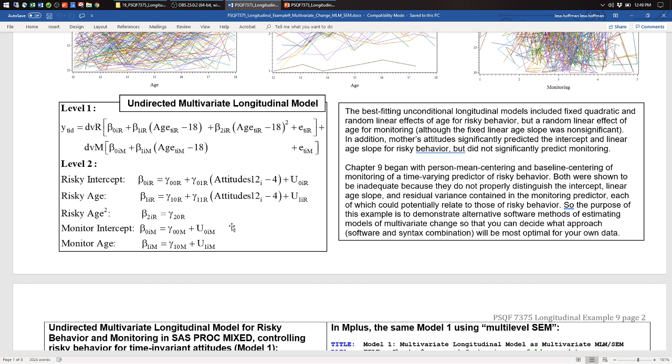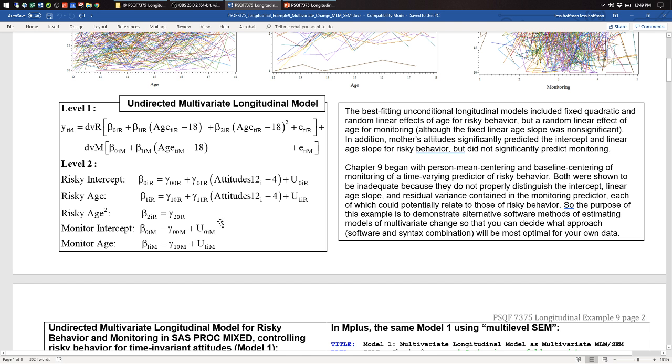Because everybody started out at approximately 12, age is within person only, but I centered it at the end. So time 0 is age 18. Because I'm thinking that's when most people are going to be the worst behaved, right? So that's the point that I'm focusing on. I could have picked 12, I could have picked any other time, but I'm picking 18. So that's going to be a little bit different than what we've been used to.